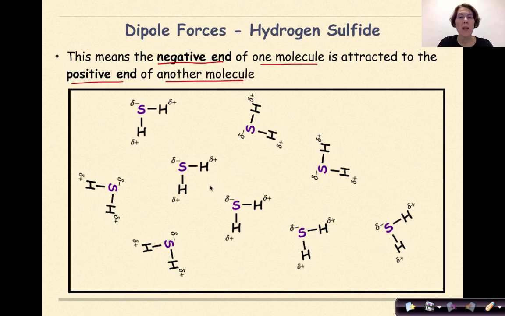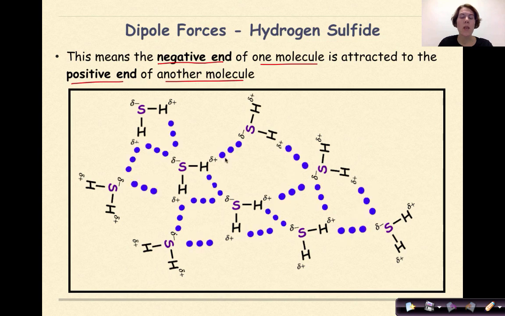We're going to represent this weak force of attraction with dots instead of lines. Each of these 3 blue dots between each molecule represents a dipole force. If you look at these blue dots, you'll always see that they range from the slightly negative sulfur to the slightly positive hydrogen between each molecule. This is one representation of dipole forces.